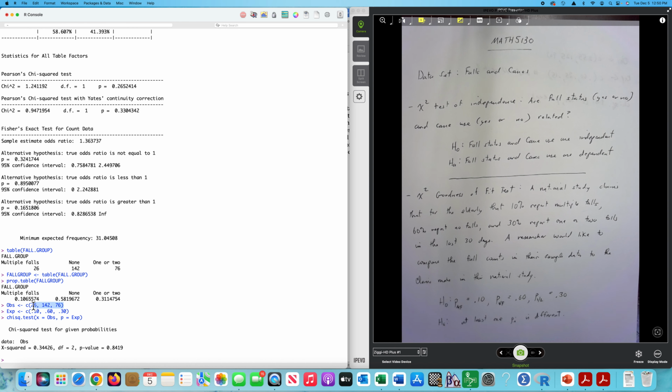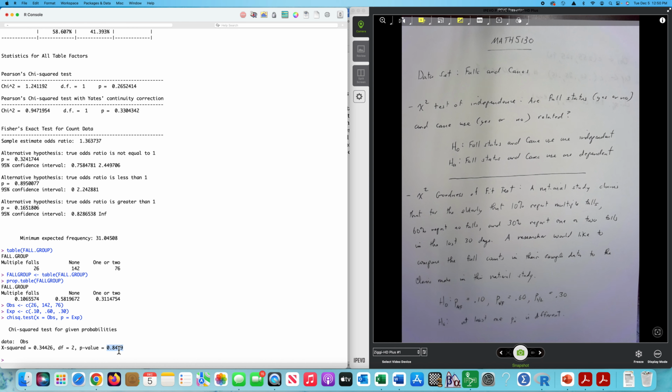So again, from the previous video, I type in the observed cell counts. Unlike StatCrunch, the expected are the percentages, 0.10, 0.60, 0.30. These must add up to 1. And then you can run the chi-square test on X. Sometimes I see students right here put Y equal, but the command in R has to have p equal exp.